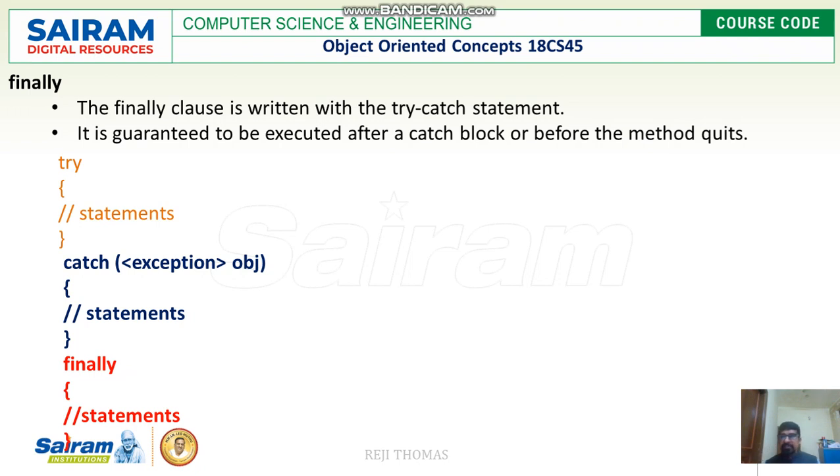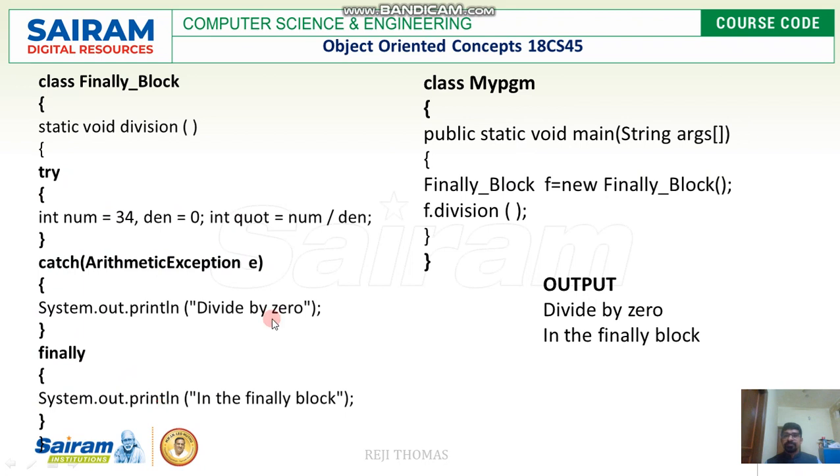This is the syntax: try statement, then catch statement, finally. Finally is not worried about what happens inside the try block and catch blocks. Whatever happens, the statement I write inside finally will get executed.